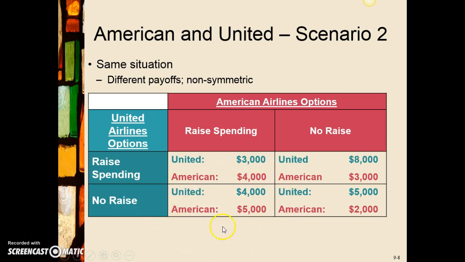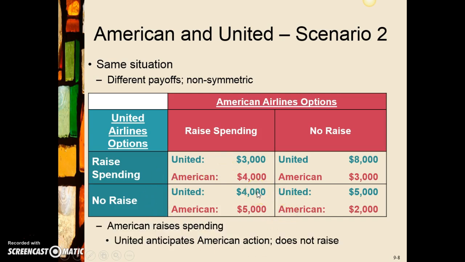Okay, American is going to raise no matter what because that's their best response. And knowing that American is going to raise, United will choose their best response to American raising their spending, and that is to not raise spending for United. And so again, this bottom left cell here is going to be the Nash equilibrium of this game. United anticipates and does not raise.